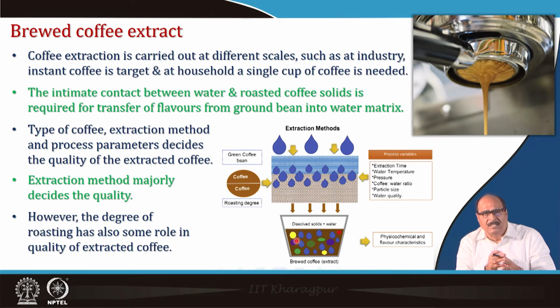Extraction methods majorly decide the quality. However, the degree of roasting has some role in quality of the extracted coffee production. So, the process variables may be extraction time, water temperature, pressure, coffee to water ratio, particle size of the coffee powder, water quality, and so on.